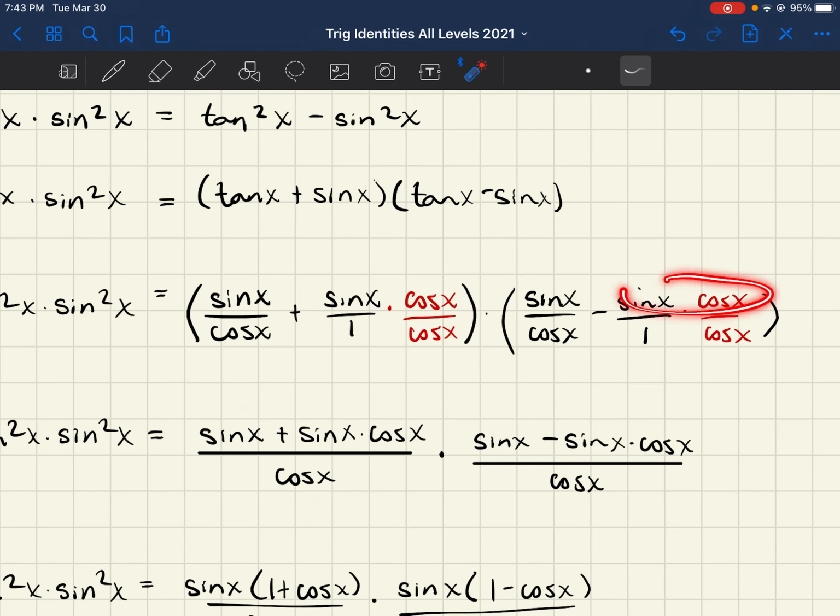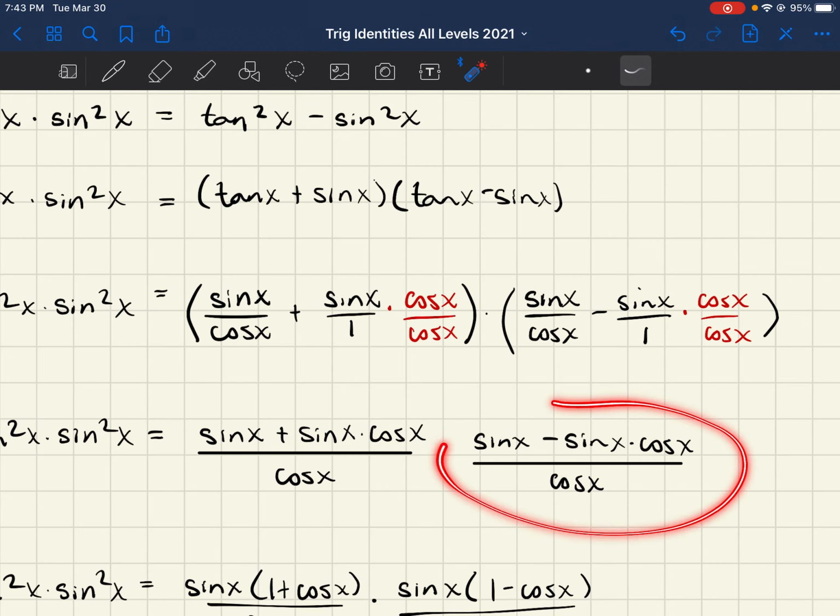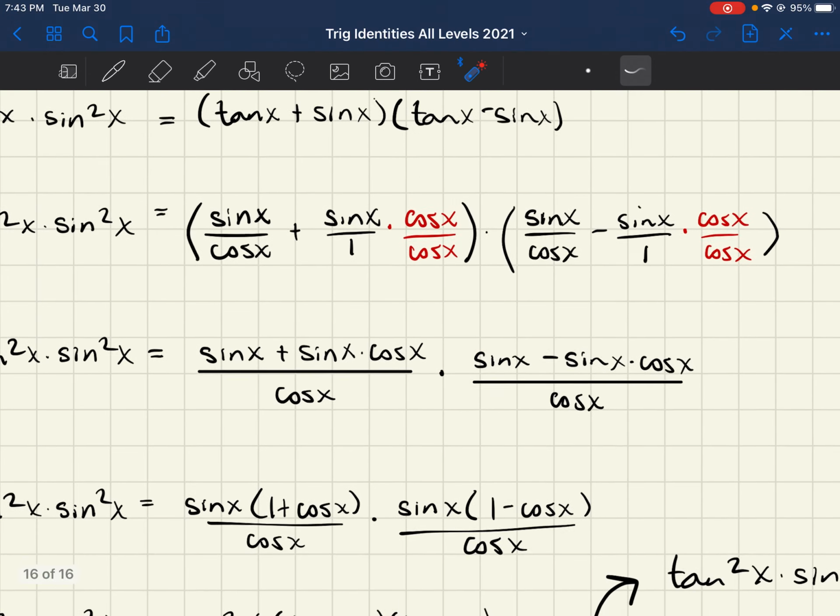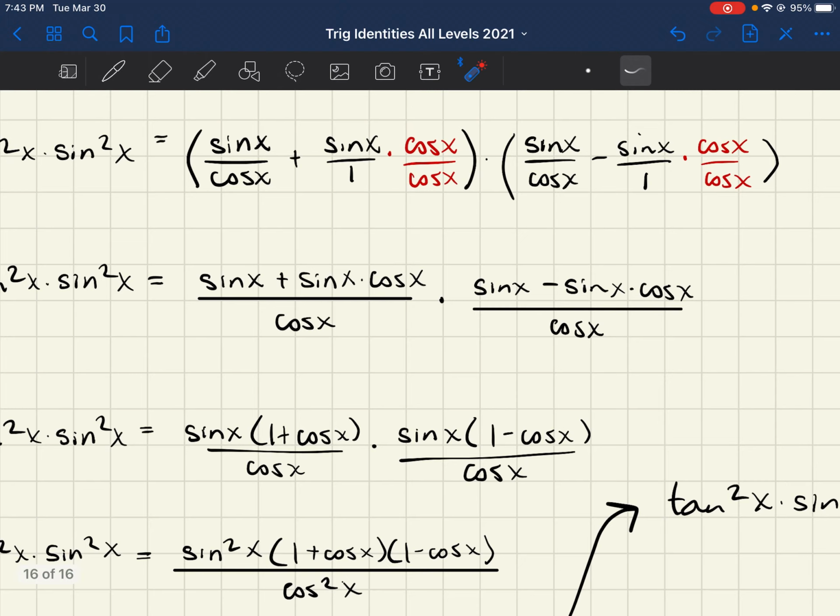This is going to give us sine minus sine cosine over cosine, right there. And notice what I do here is in each of these numerators, they both have common factors of sine. So, factor the sine of x out of here, we get 1 plus cosine x. Factor the sine of x out of here, we get 1 minus cosine x.